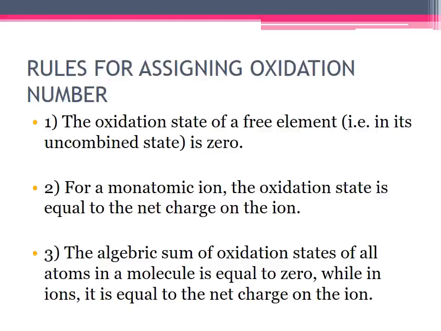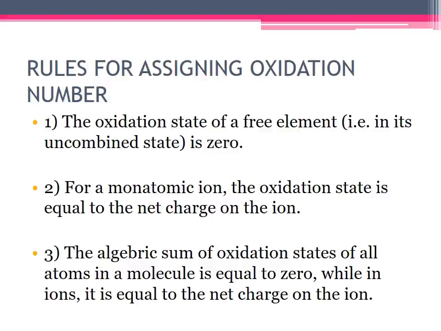Next, fourth point. Hydrogen has an oxidation number of +1 in all its compounds. Hydrogen's oxidation number is always +1, if hydrogen is in the first place, like hydrogen oxide, hydrogen chloride. But when it is in a metal hydride, like sodium hydride or potassium hydride, its oxidation number is -1.